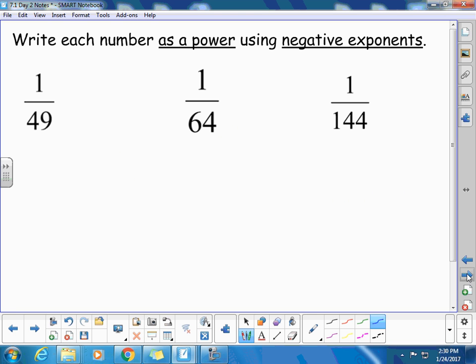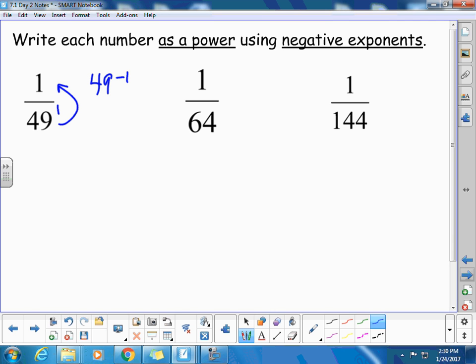All right, so write each number as a power using a negative exponent. So now we want negative exponents. To make 49, which is 49 to the first, raised to a negative exponent, I would have to move it and lose the positive and make it negative.